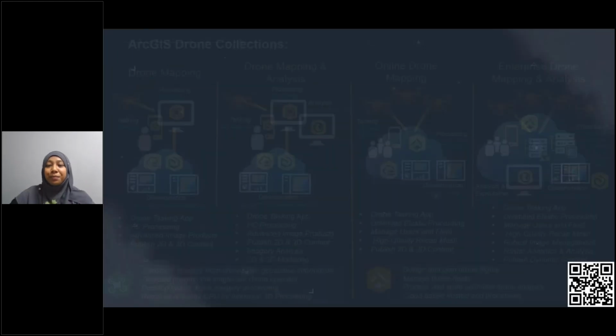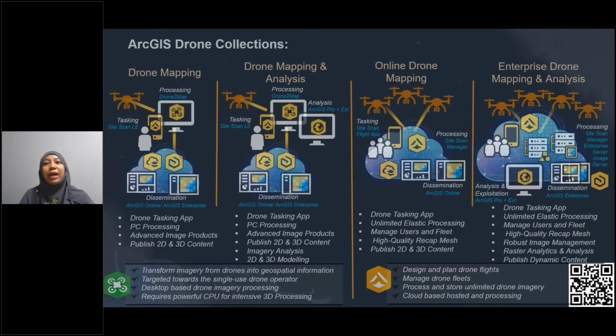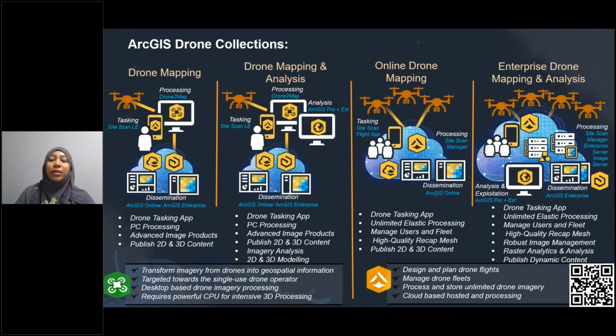Okay, so this slide shows how ArcGIS drone collections are made. Moving from the left to the right, the drone collection is split into four components, run by Drone2Map and SiteScan.